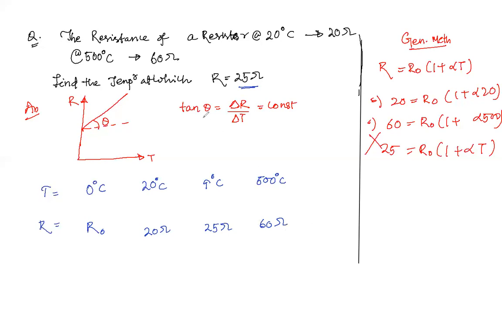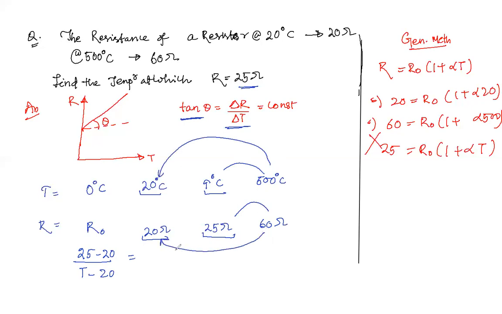So now we use the fact that tan theta, del R by del T, is constant. How to do it? First we find the difference 25 minus 20, which is del R. I'm going to do it between these two: 25 minus 20 divided by T minus 20 is equal to, again if I take these two it will give us another unknown, so it is better to do between the knowns.